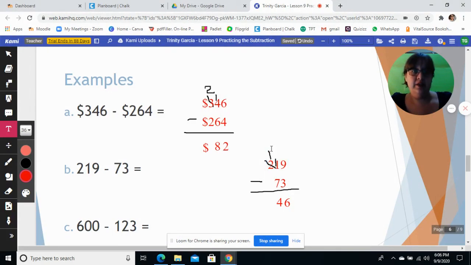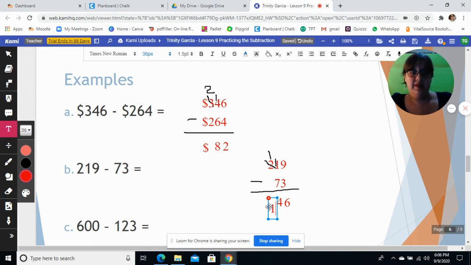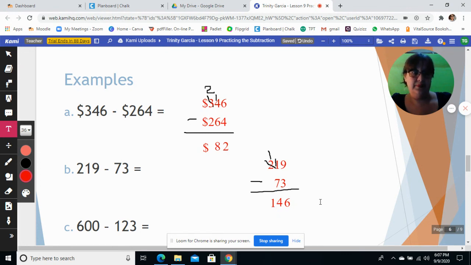Now, we still have 1 up here above the 2, so we need to remember to drop that 1 down. Otherwise, we're missing 100, and that's no good. That's a big difference, right? Okay, now our answer is 146.